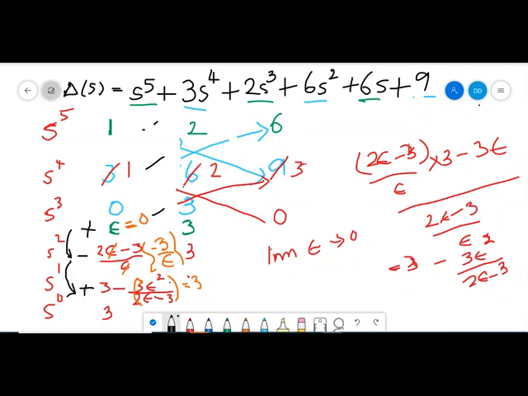So there are two sign changes. We have not seen the magnitude. That means two roots lie in the right half of the S plane, or two poles lie in the right half of the S plane. Hence, we can conclude that this system is unstable.